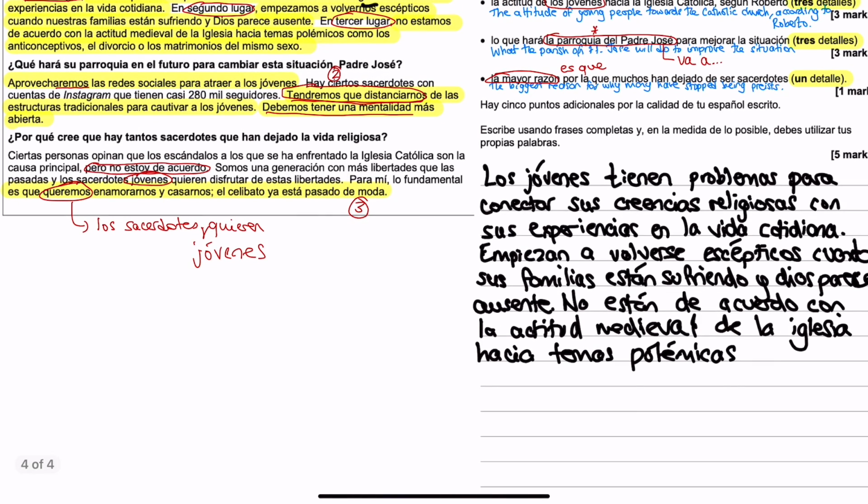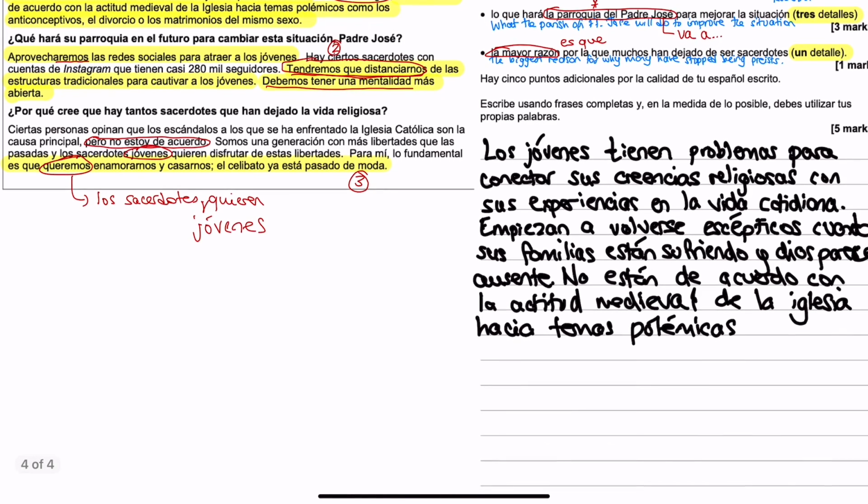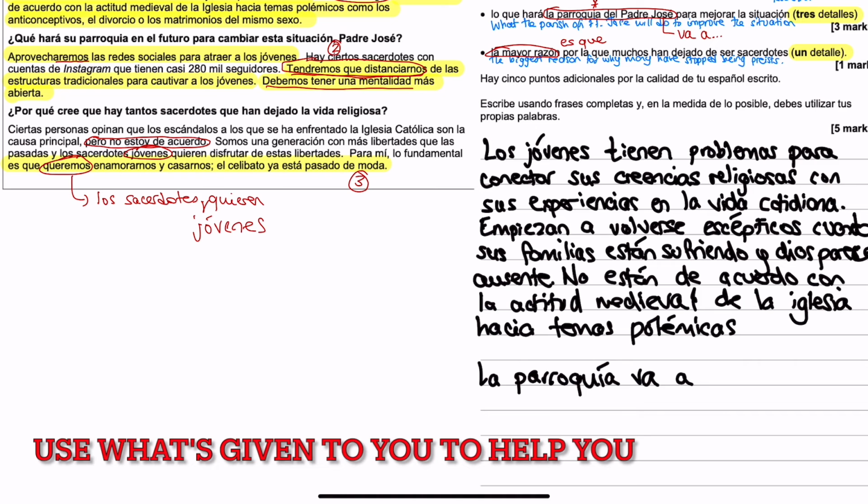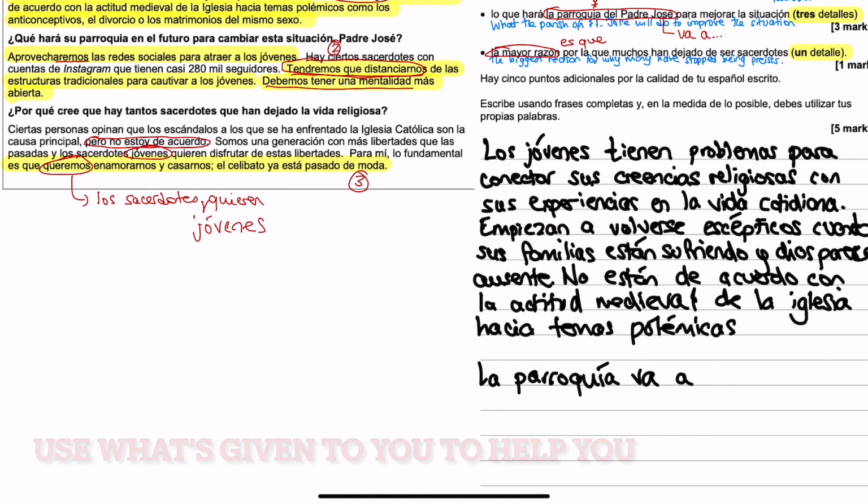The second one, what the parish of Father Jose are going to do. And again, I'm just going to use these infinitives. And again, watch out for these verbs, because what we've got is the first person plural.